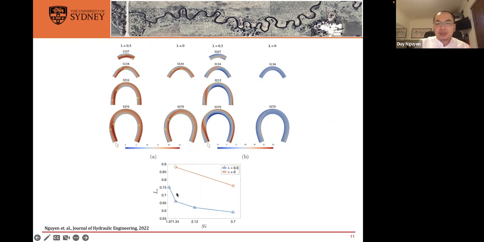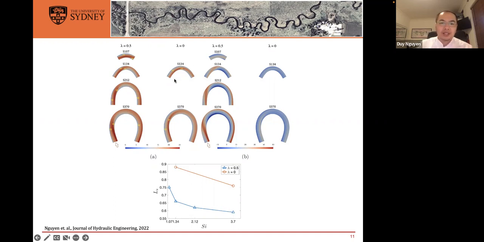If I compare between stratified and neutral flow, the length of that zone for neutral flow is higher than the one in stratified flow.